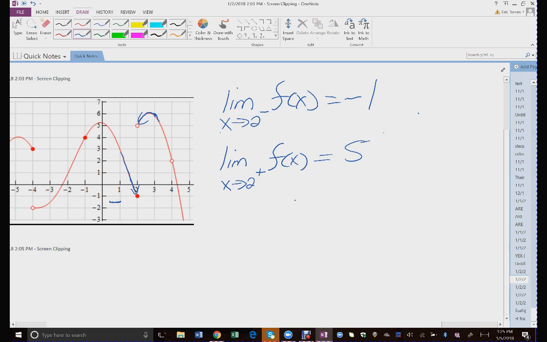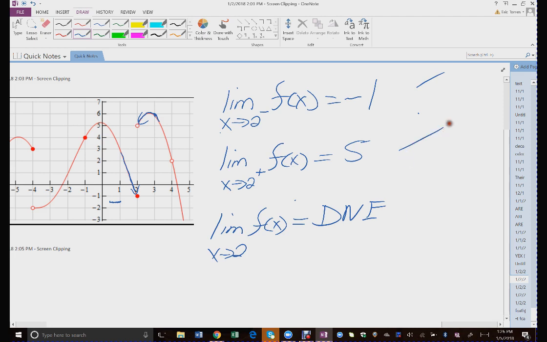Now, what I had said is that the limit as x approaches 2 of f of x does not exist. Let's review that for just one second. Why doesn't it exist? Because I am not getting closer and closer to one value. On the left, I'm approaching the value -1.